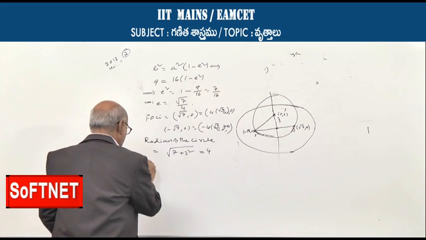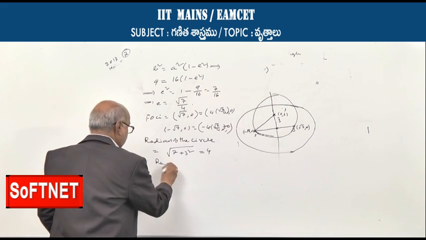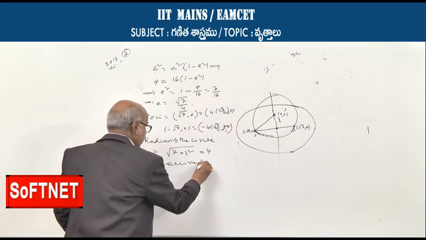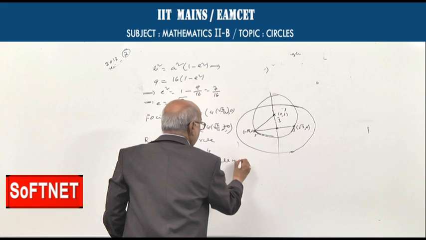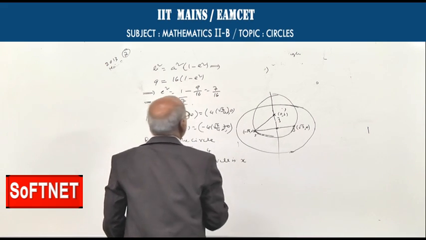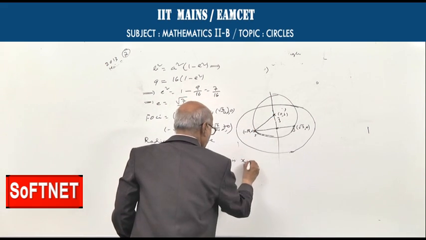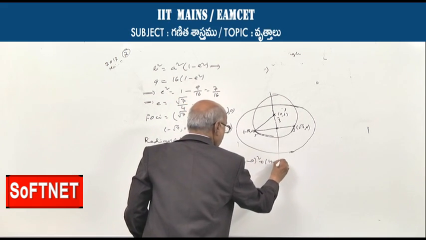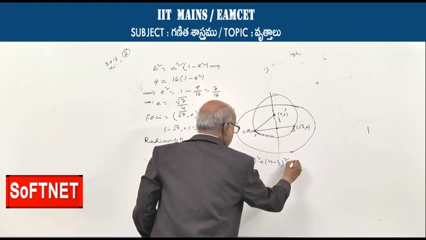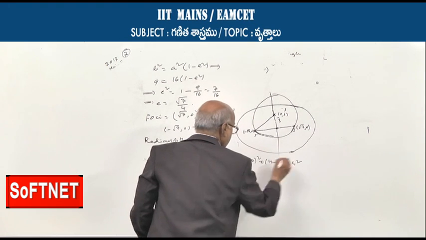So, therefore, you can write the required circle equation. The required circle has center 0 comma 3: x minus 0 whole square plus y minus 3 whole square is equal to 4 square, the radius.